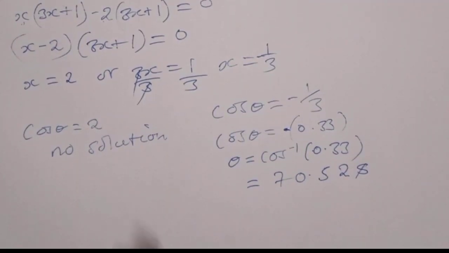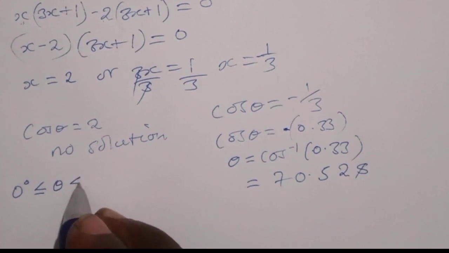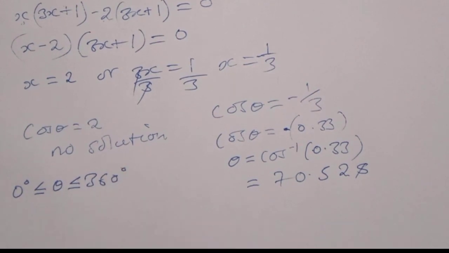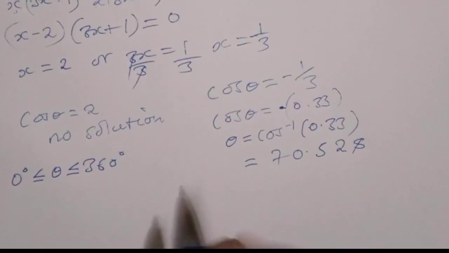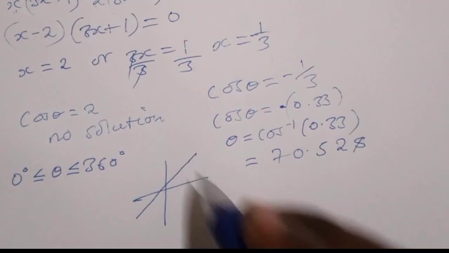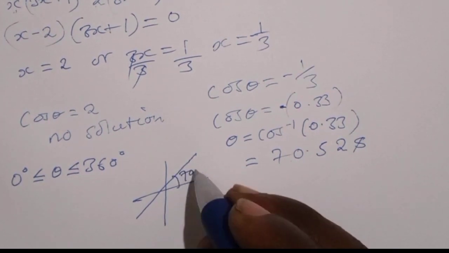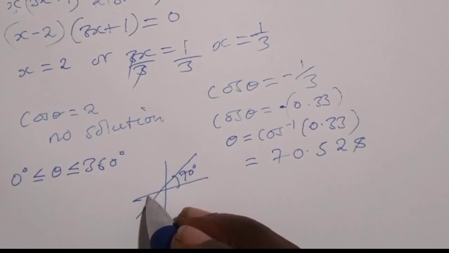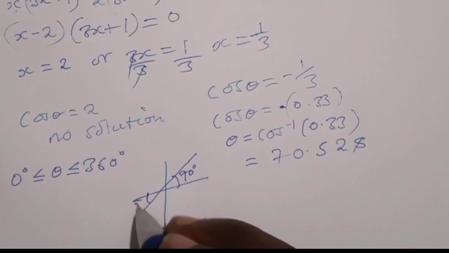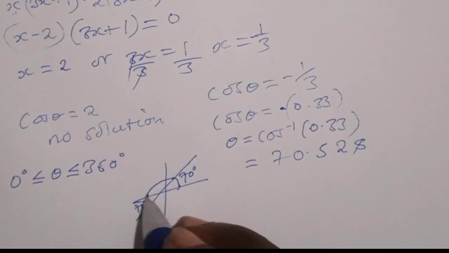We have the range 0 degrees less than or equal to theta, less than or equal to 360 degrees. So our range is from here. This is a quadrant. We have the first angle of 70, which is here. Let's assume here it's 70. So there's an acute angle here of 70, and we are going to start from here going this side.